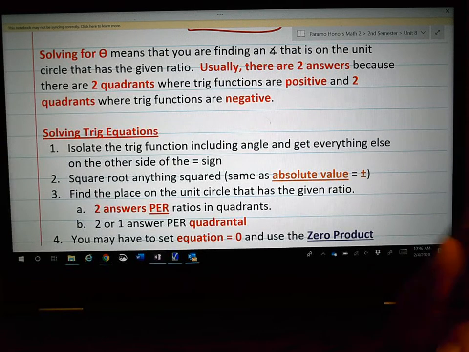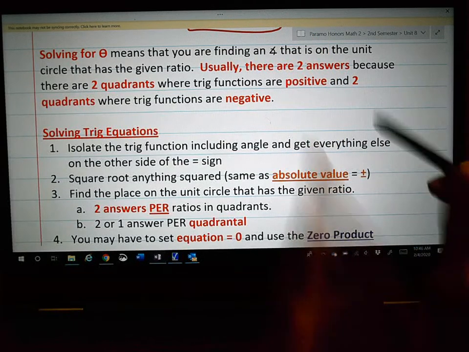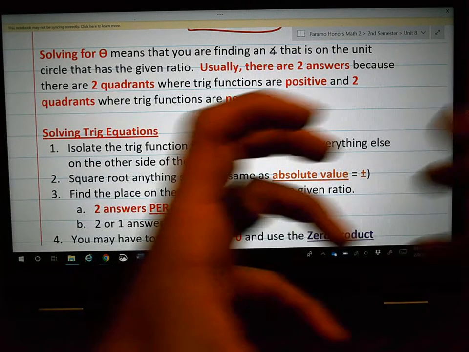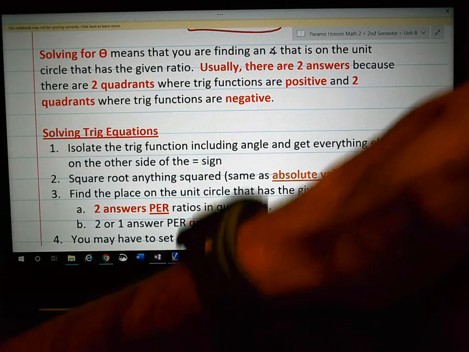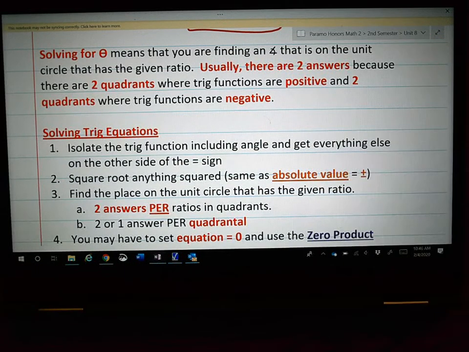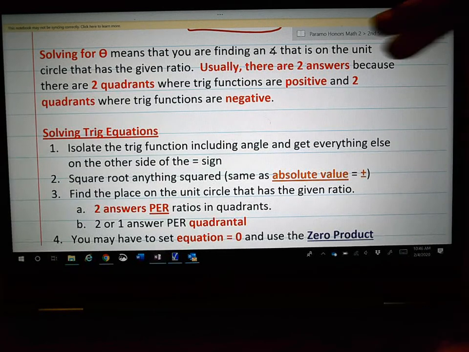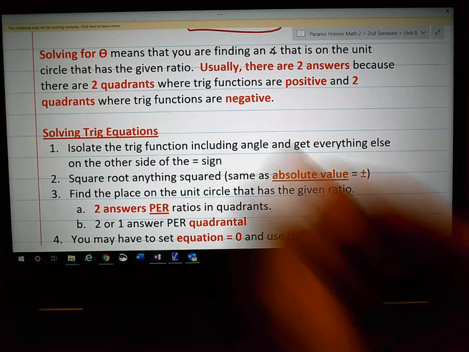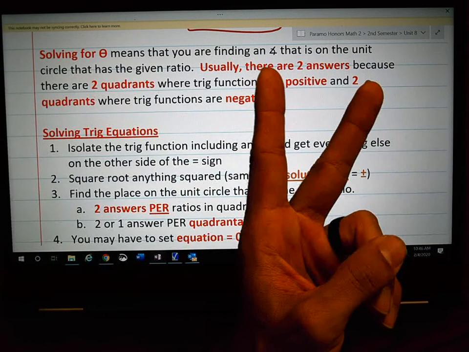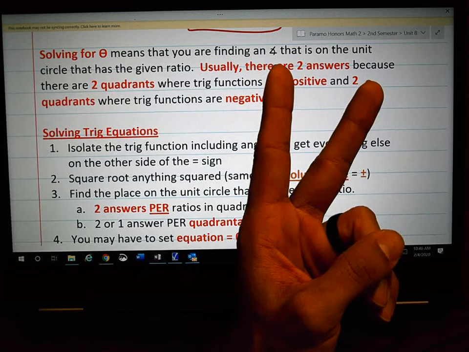If the sign is positive in quadrants 1 and 2, then you might have 2 possible answers if you're looking for a positive ratio in quadrant 1 and a positive ratio in quadrant 2. The cosine is positive in quadrants 1 and 4. There might be a quadrant 1 answer and a quadrant 4 answer. So I say that because most of the time you will have 2 answers for each ratio you are trying to find.